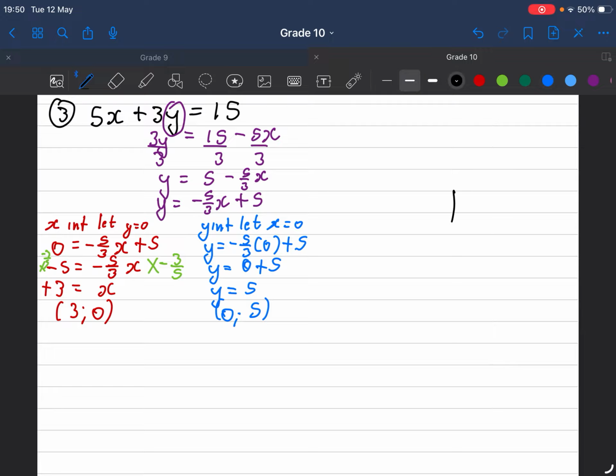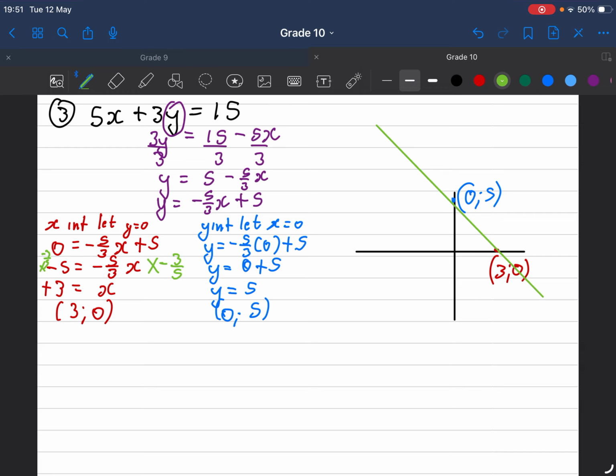Then you can draw a Cartesian plane just like that. Mark those 2 points, so 3 and 0, and 0 and 5. And then I'll connect those two.